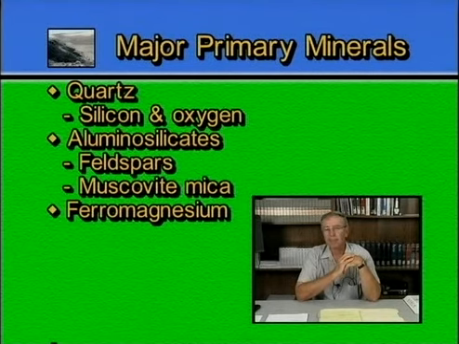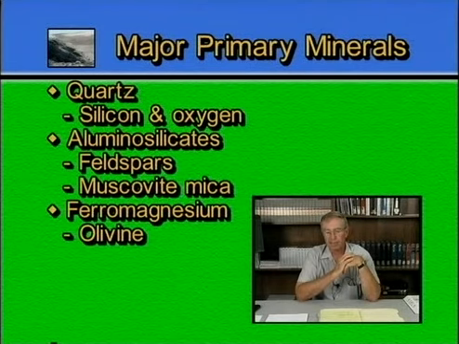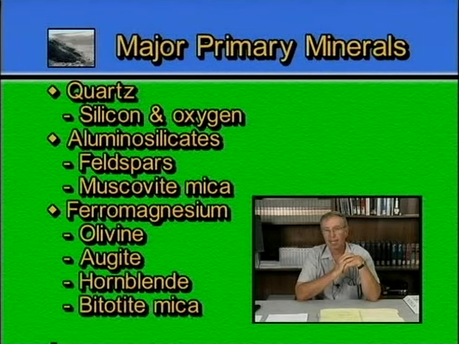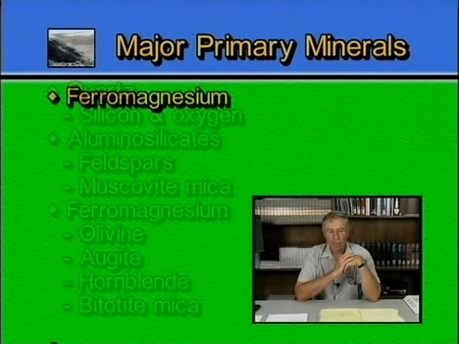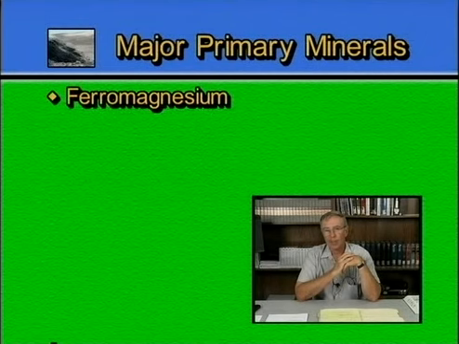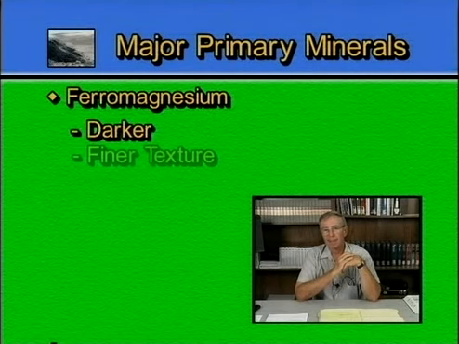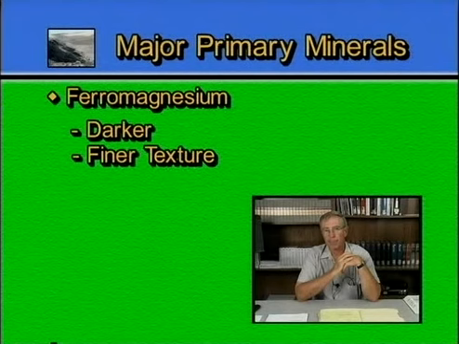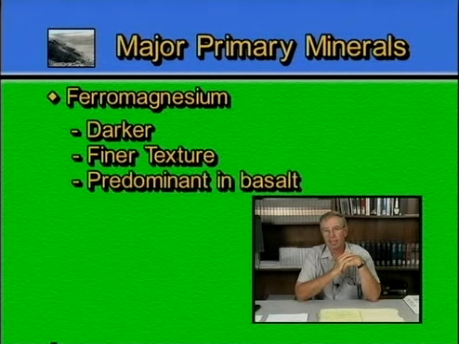Some examples of ferromagnesium minerals include olivine, augite, hornblende, and biotite mica. These minerals are defined or described for you in your reading assignment. The ferromagnesium minerals are somewhat darker in color and finer in texture than would be the previous two groups, and they are the predominant type that are found in basalt types of rock formations.